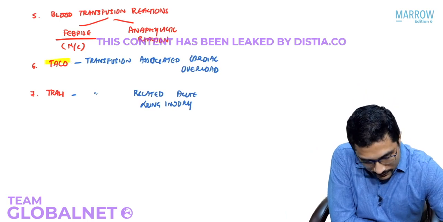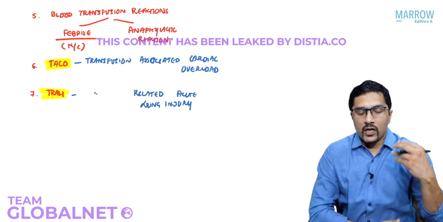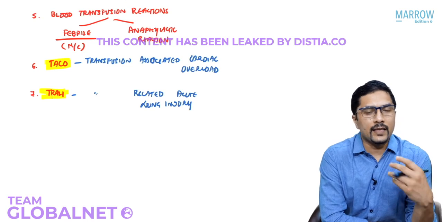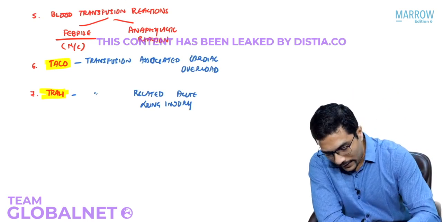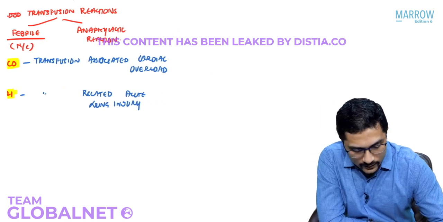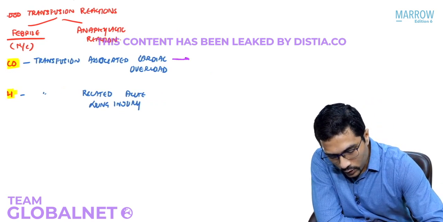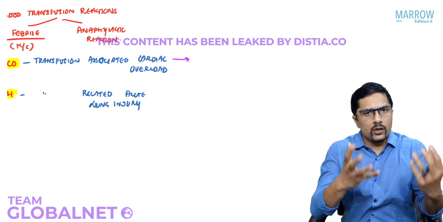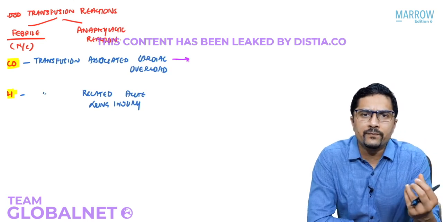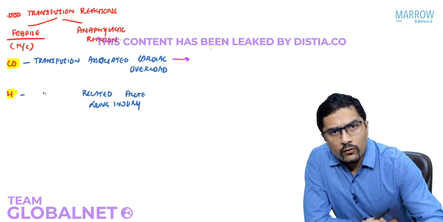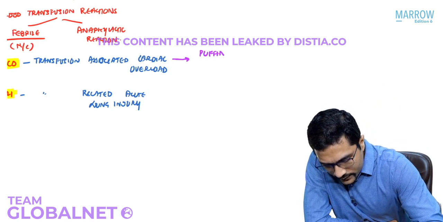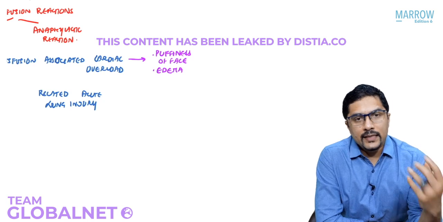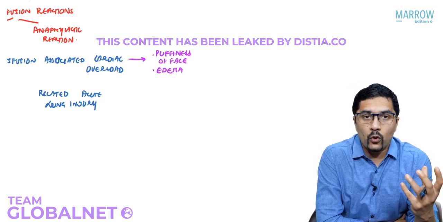Now, as interns, I'm sure you must have transfused blood to patients, and sometimes you must have transfused 2 or 3 units as well. Sometimes when you transfuse blood, there can be a volume overload. And how will that volume overload manifest in the patient? It will manifest as puffiness of the face and edema, and these can be signs of cardiac overload.